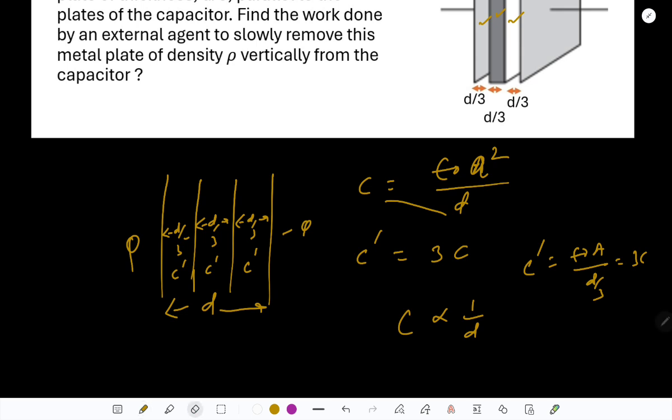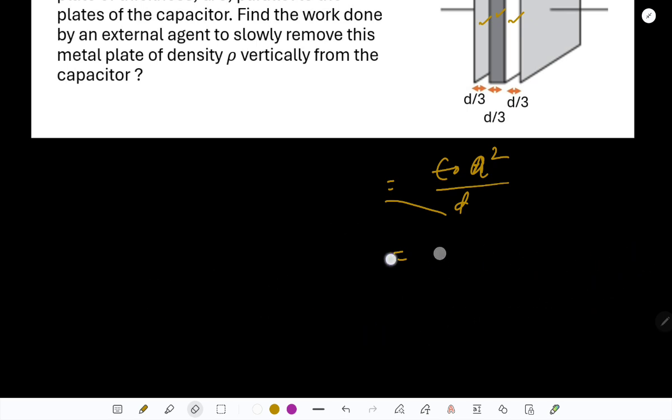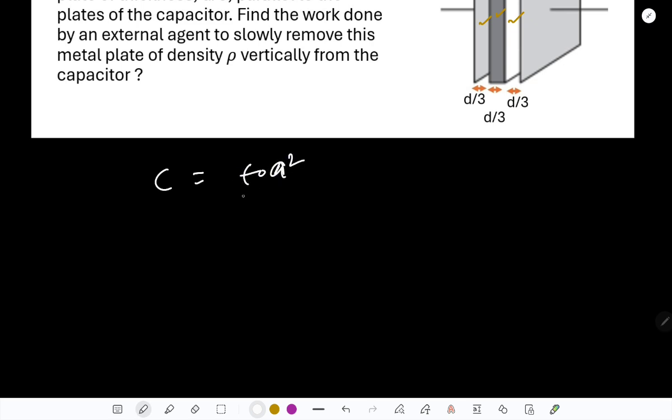I'm going to write down 2 things here. That we have a capacitor C between the extremely apart plates, that is epsilon naught A square by D, and all 3 capacitors will have capacitance C dash, and C dash is simply 3C.